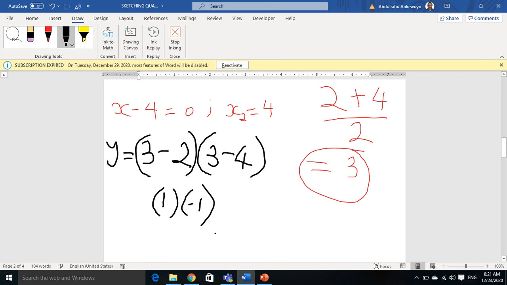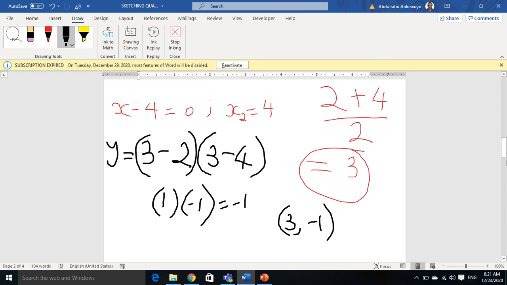So it means that when x is 3, y is minus 1. y is equal to minus 1. So the coordinate of the vertex is 3 for x, comma, minus 1 for y.